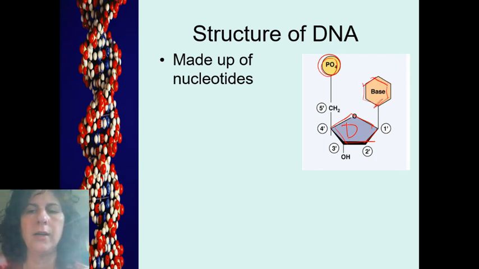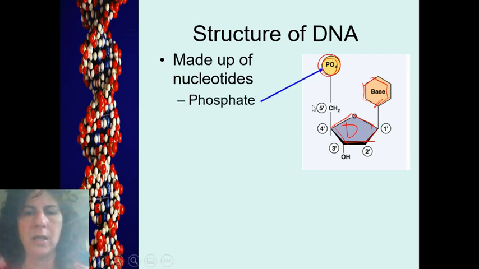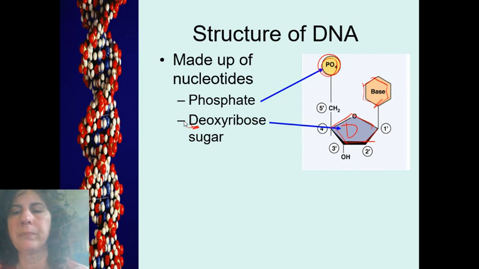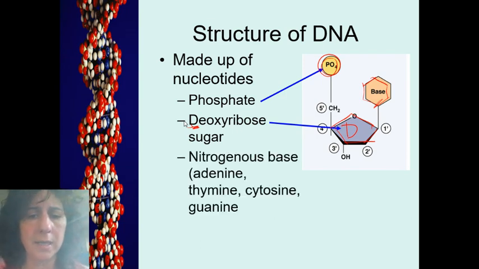Okay, and they're all covalently bonded together. So that one section there in that picture is a complete nucleotide. Phosphate, sugar, deoxyribose for DNA. That's where the D in DNA comes in. And then one of, like I said, the 4 nitrogen bases. It can be adenine, it can be thymine, it can be cytosine, or it can be guanine.